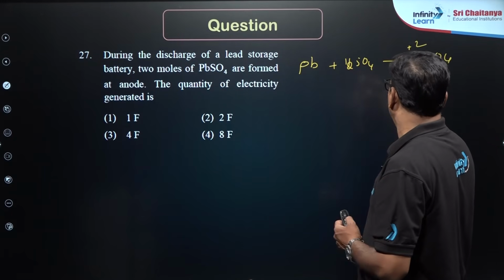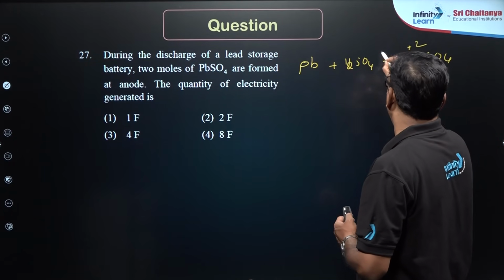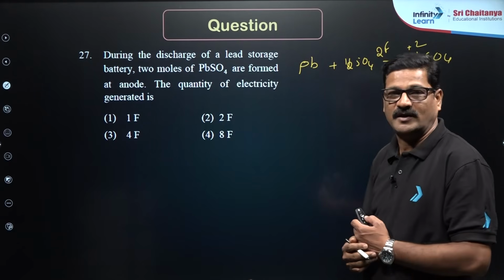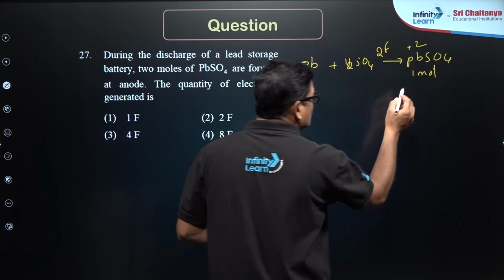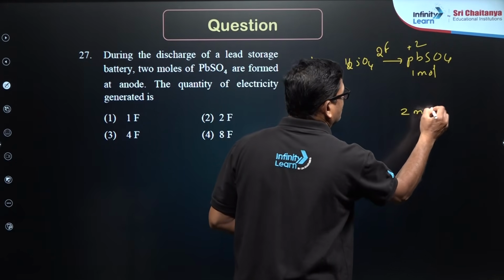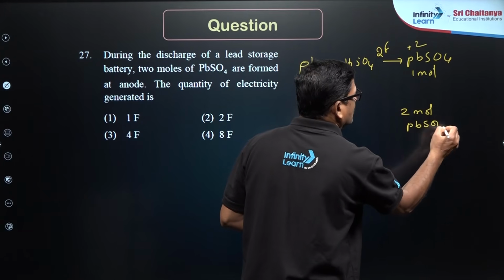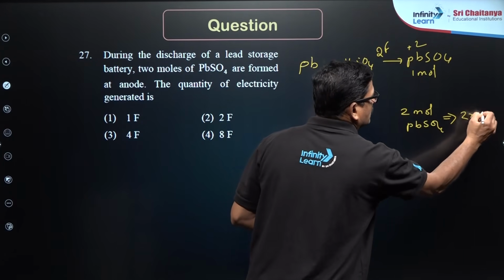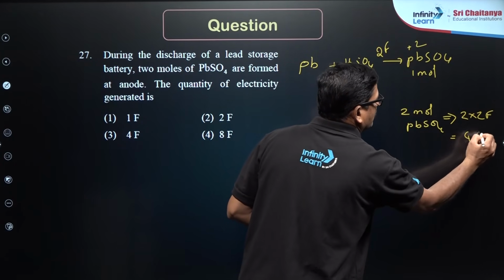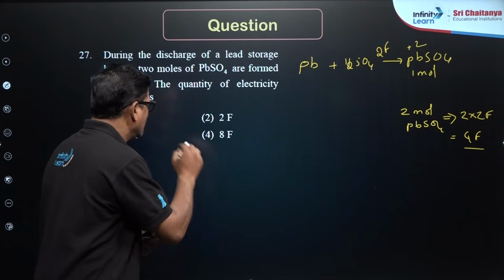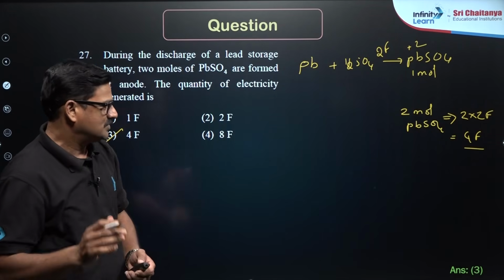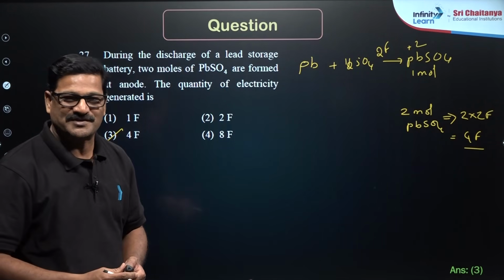To form 1 mole of PbSO4, 2 Faraday is required, and to form 2 moles of PbSO4 we require 2 into 2 Faraday, which is equal to 4 Faraday. So, 4 Faraday, option 3 is the correct answer for this question.